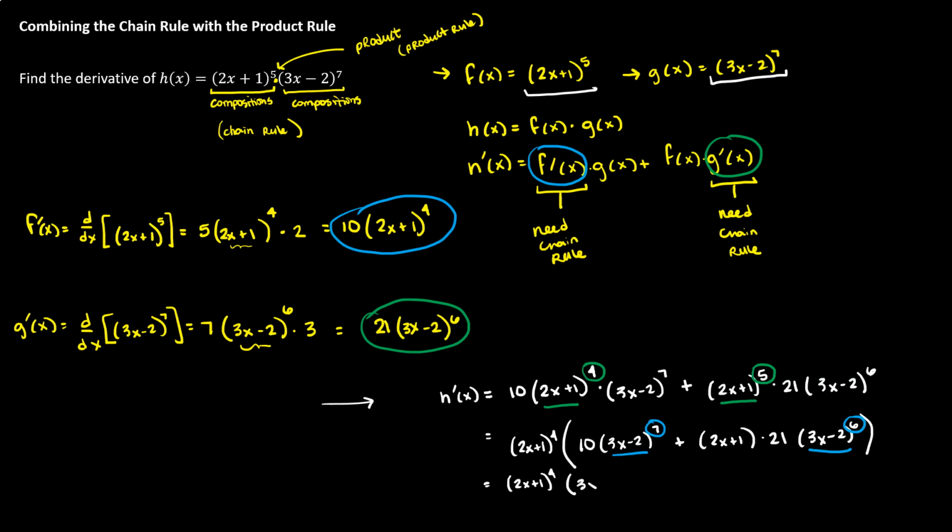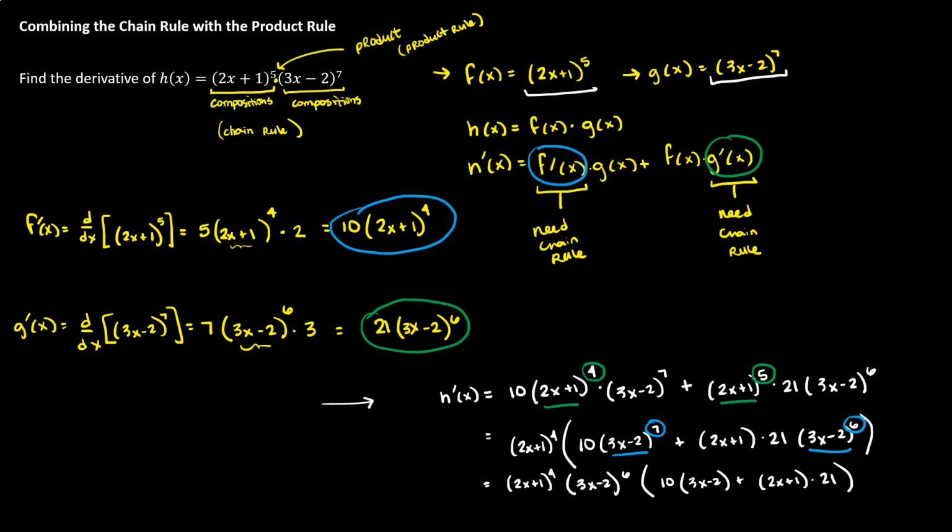So I'll pull out 3x minus 2 to the 6th power. In the first term, that leaves behind 10 times 3x minus 2. One of those factors was left behind. And then in the second term, we are left with 2x plus 1 times 21.